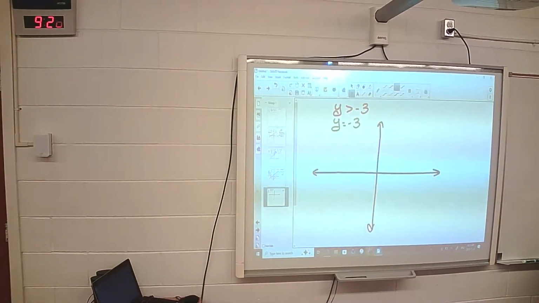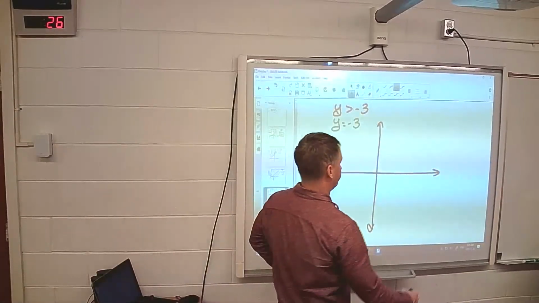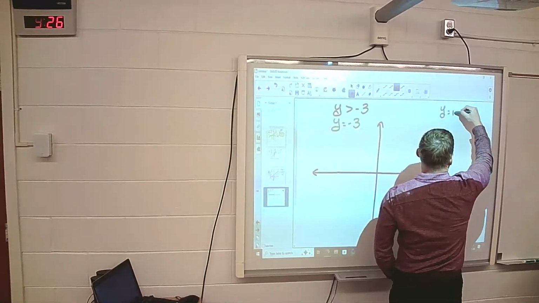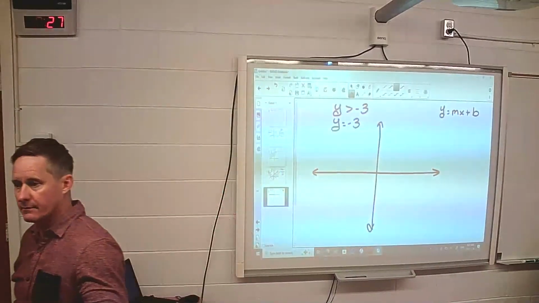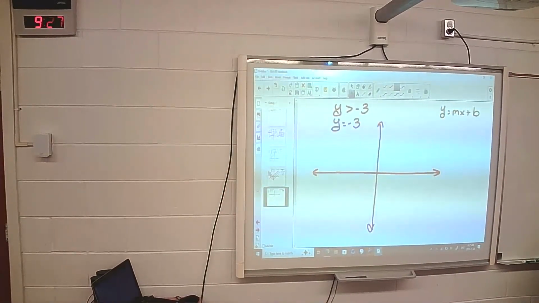If I had it in this form, which it is, what is the y-intercept? -3. Okay. What is the slope of that line? 0.